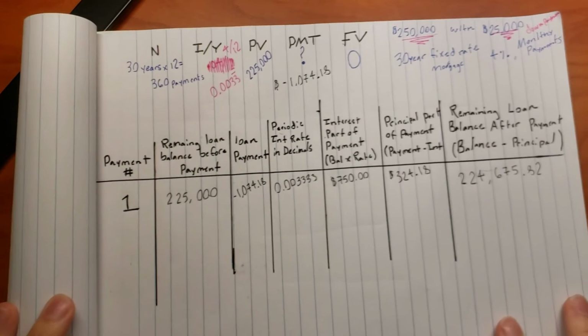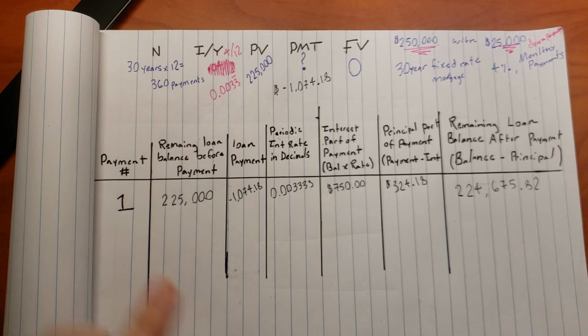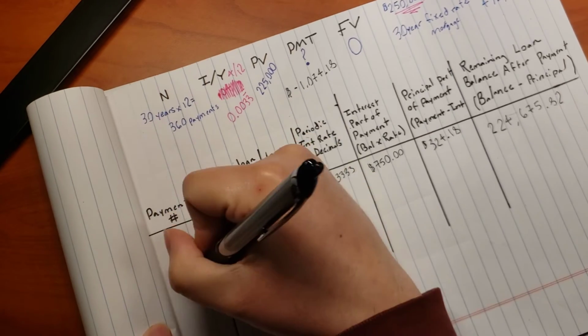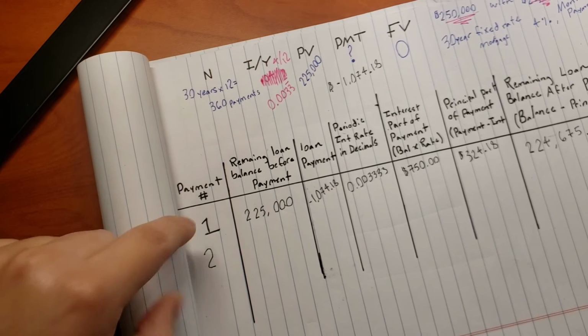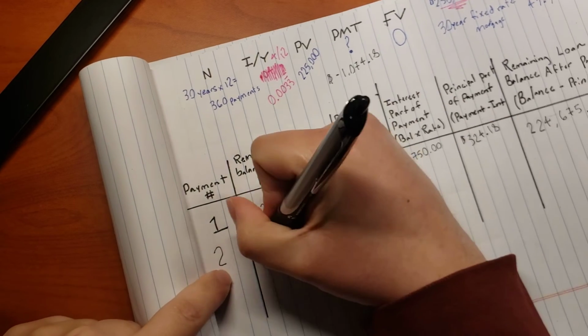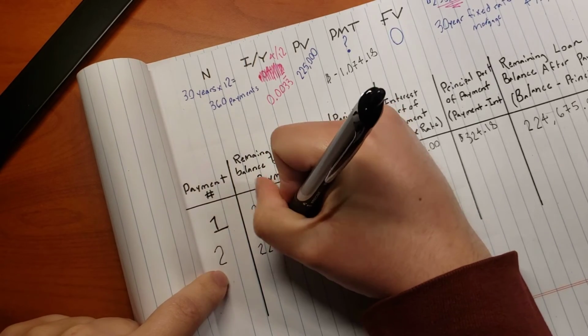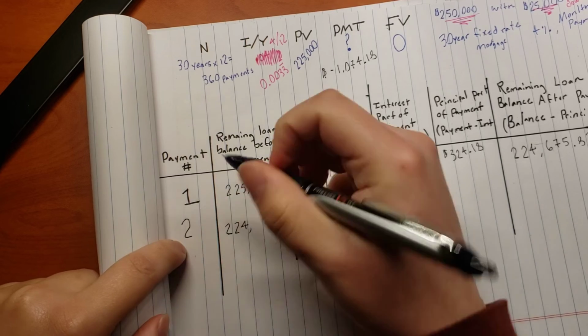This problem asked us how much of the second payment goes to interest. So that was the first payment. And now for the second payment, we take our loan amount, slide this down here.